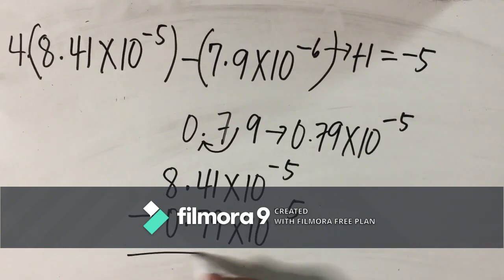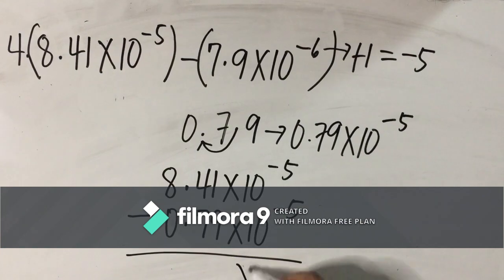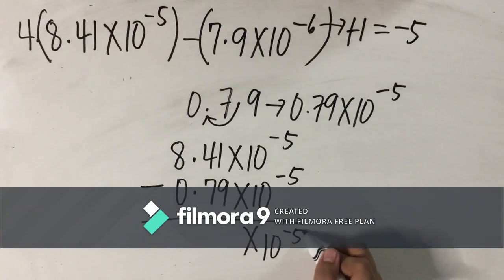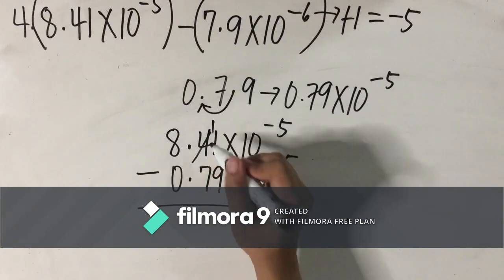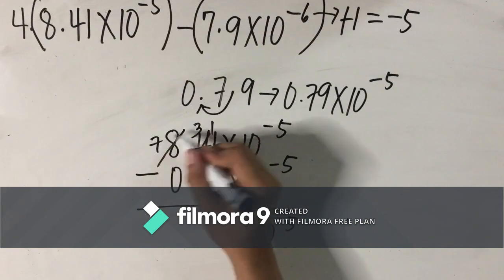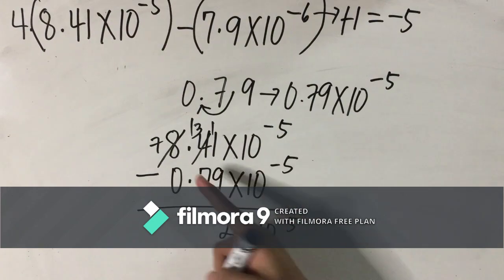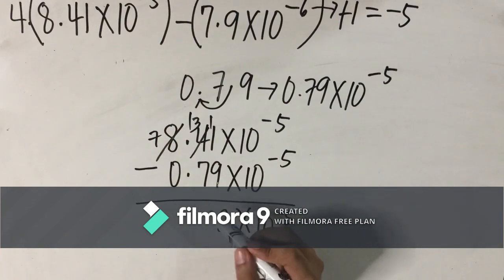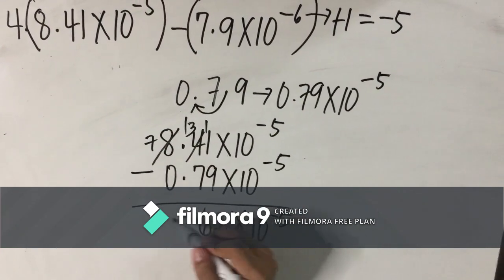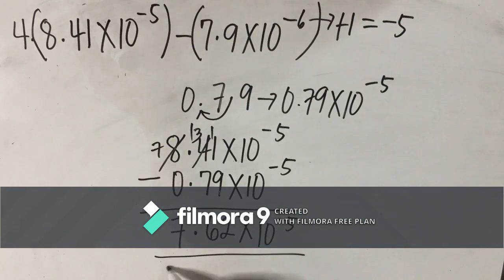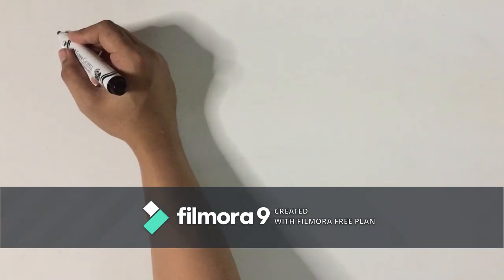So doing the operation, bring down times 10 raised to negative 5. So 1 minus 9 cannot be, so we have to borrow 1 from the near number. So do all the procedures necessary for it. So our final answer for this particular number is 7.62 times 10 raised to negative 5.